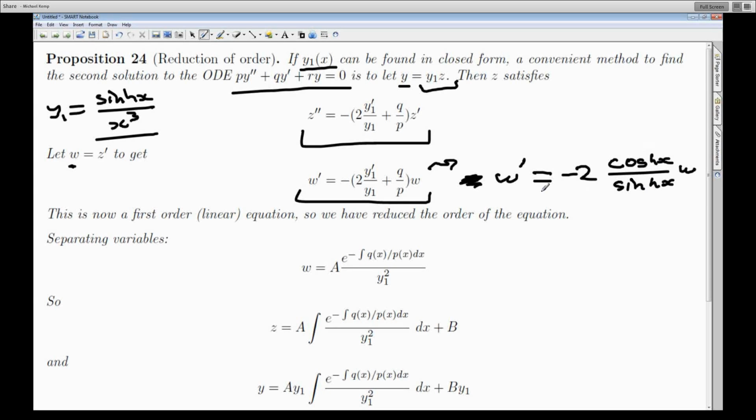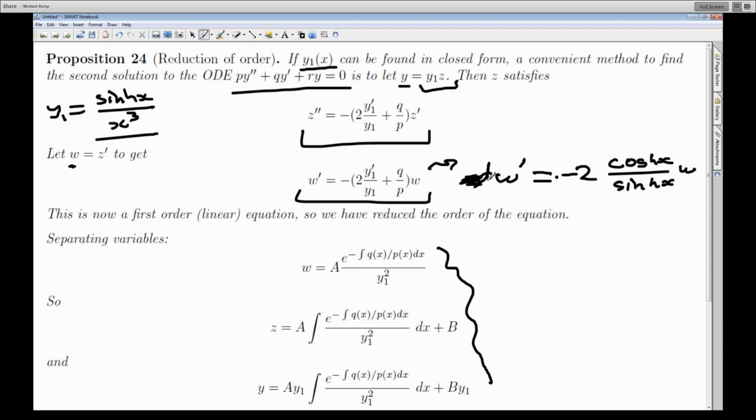Now, when you've got this case, it's just a matter of solving it. The way to do it with this sort of expression is by separating. It's just a separable differential equation.